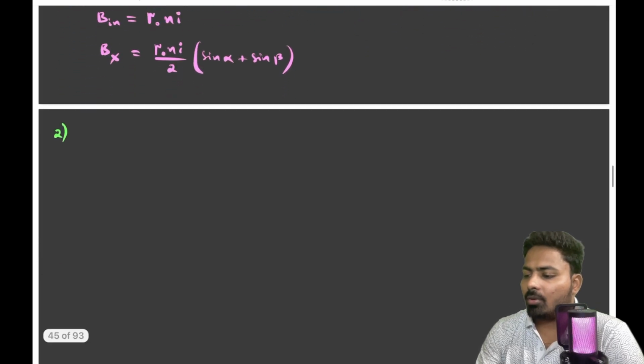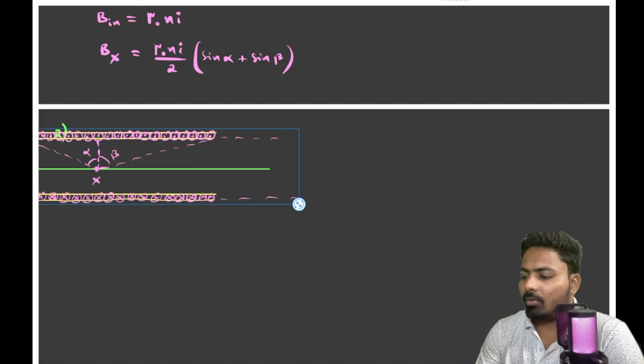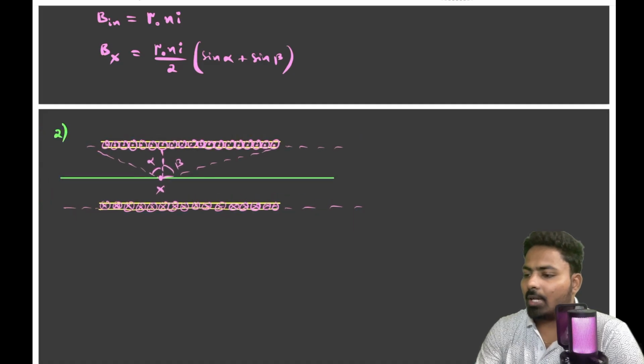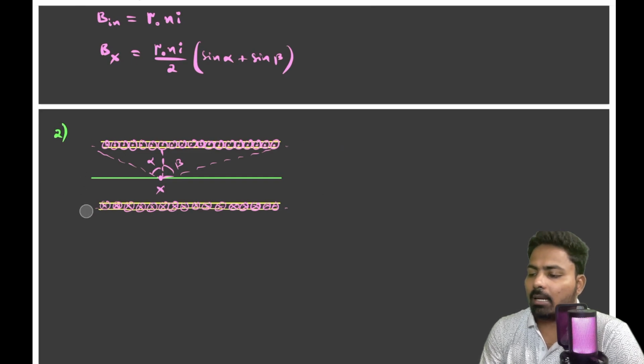To solve it, let me take two different identical solenoids which are carrying the same current, and the same number of turns as given. So basically two identical solenoids I'm taking.